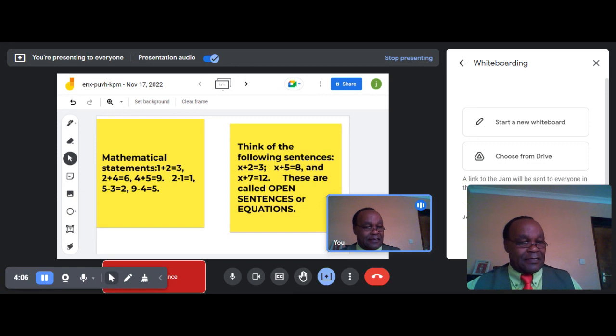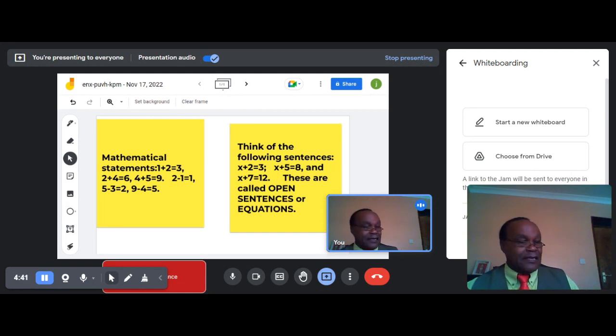This is because we do not know the value of x which will satisfy the equation. In other words, we do not know the value of x such that the left-hand side will simplify to what we have on the right-hand side.